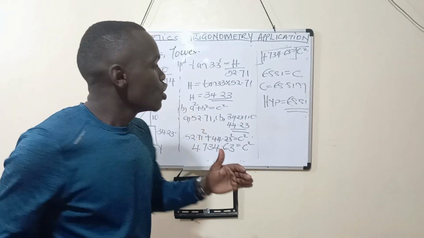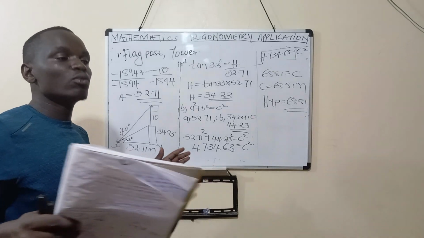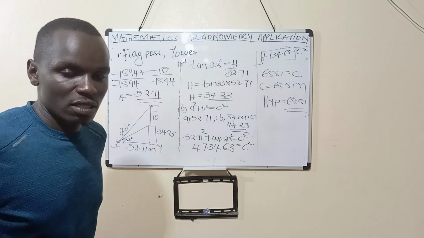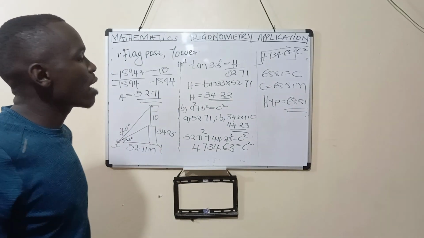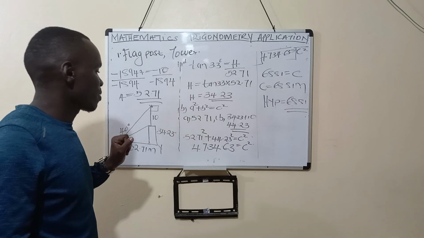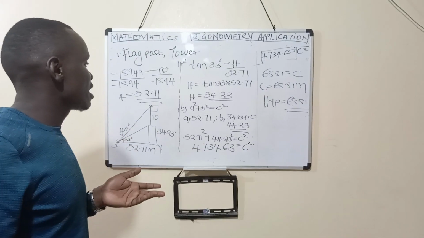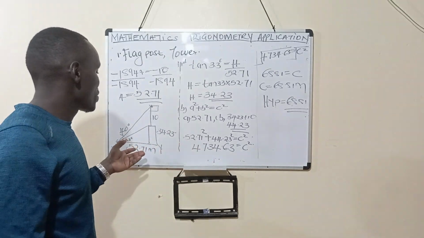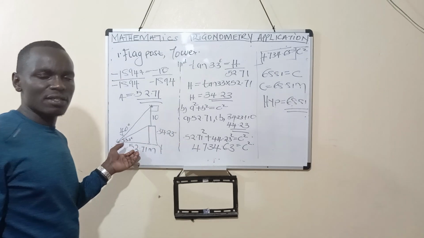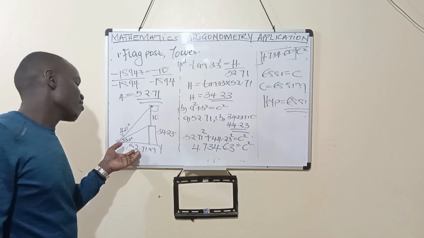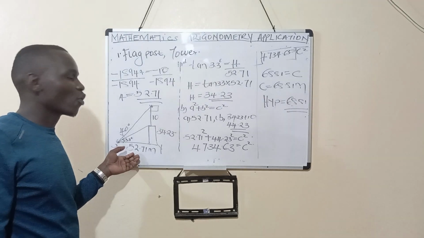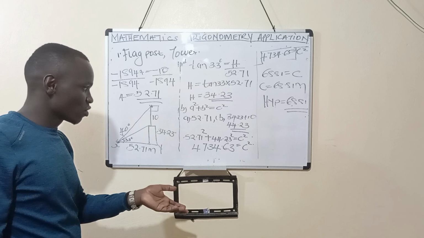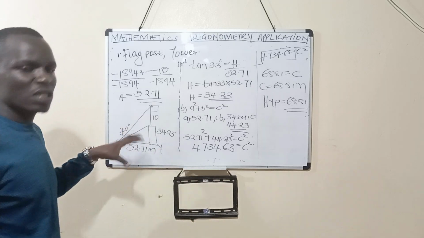After getting that, you are able to equate them to get the value of the adjacent. After having the value of the adjacent, the problem becomes easier, like drinking water. You just find the suitable ratio.